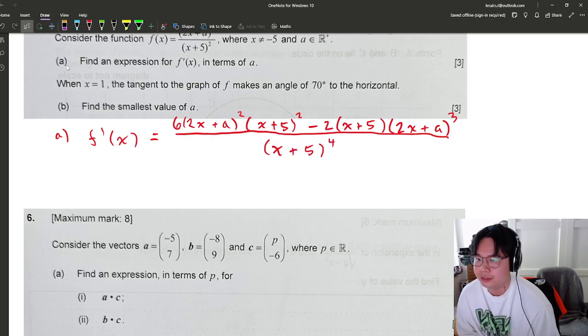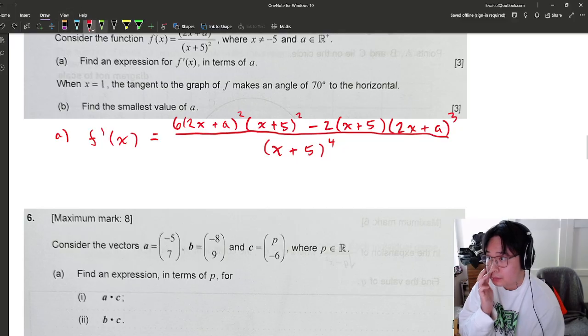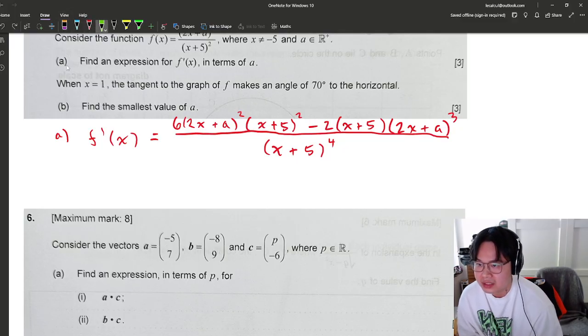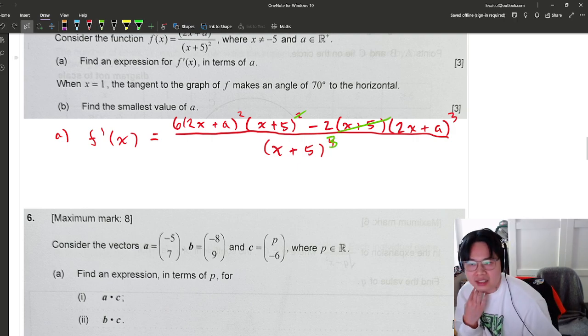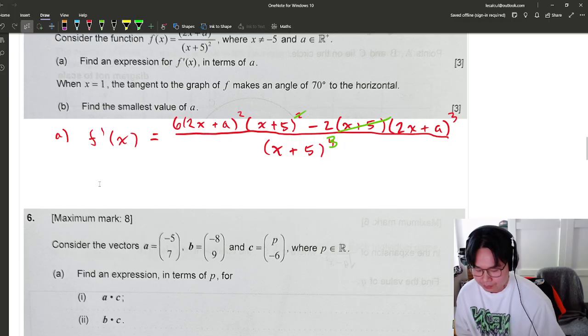I guess you should simplify just a tiny bit. Something like this. I wouldn't expand it out, that's a waste of time.